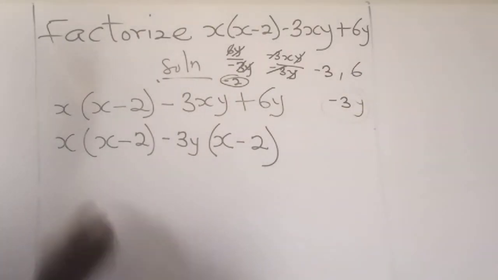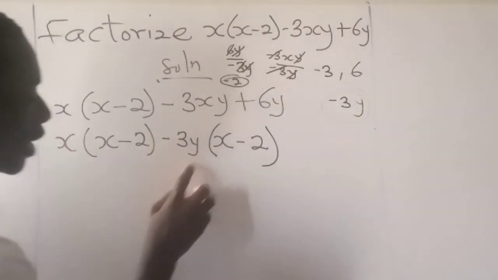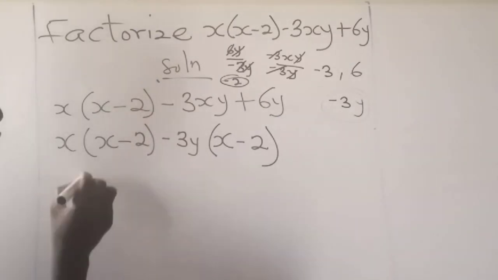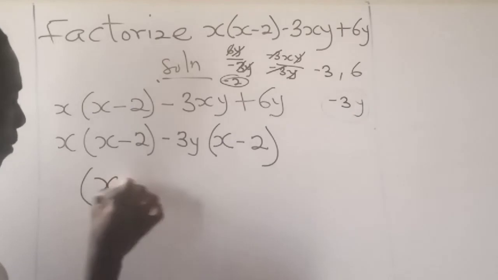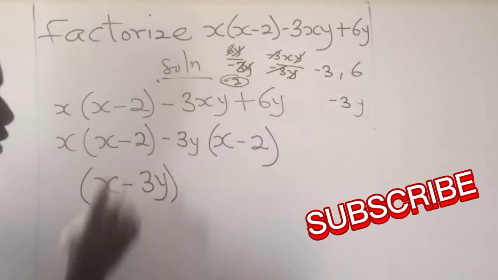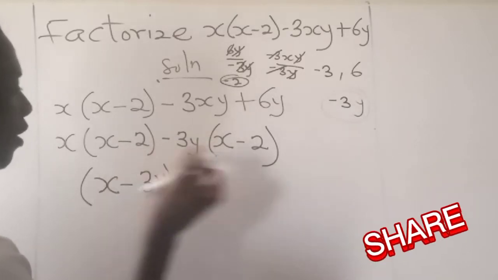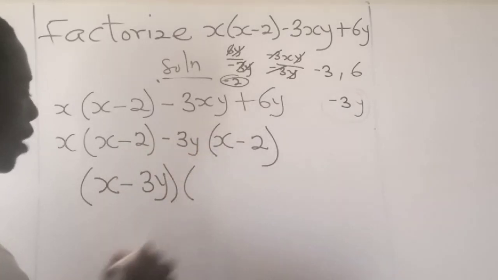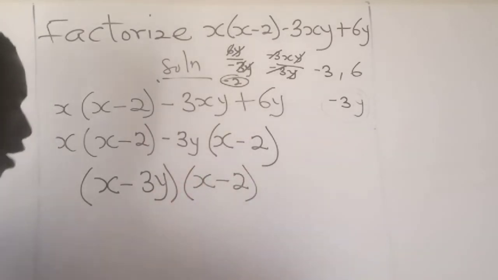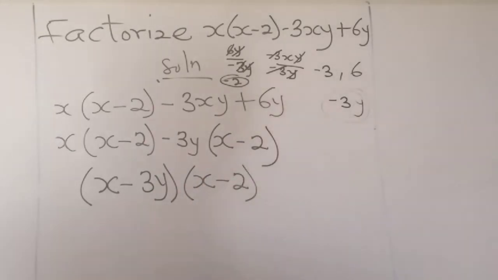So what you do is you write those outside the bracket into one bracket. That is, you group them. So you group this one, which is x minus 3y, in a bracket. Then you write the other one in its bracket also. Now we have x minus 3y and then x minus 2.